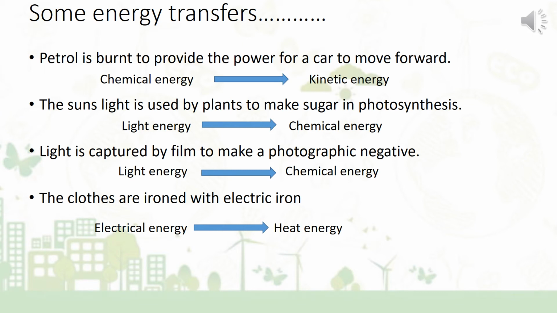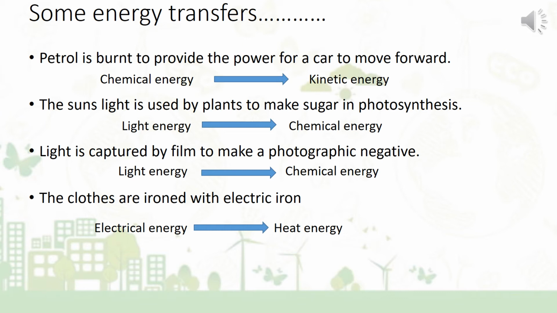The clothes are ironed with an electric iron. Here, the electrical energy is transferred into the heat energy of the iron. We get electricity in our homes, so this electrical energy is transferred into the heat energy of the iron.